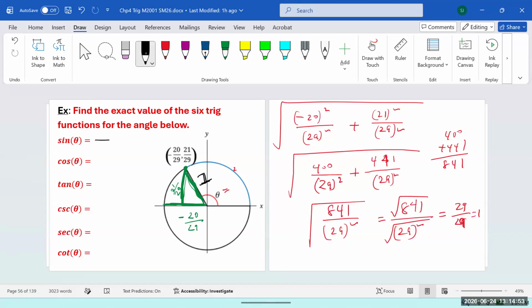You were here yesterday, right? Remember the expression I said, opposite over hypotenuse. So opposite and hypotenuse. From this angle, how much is the opposite?